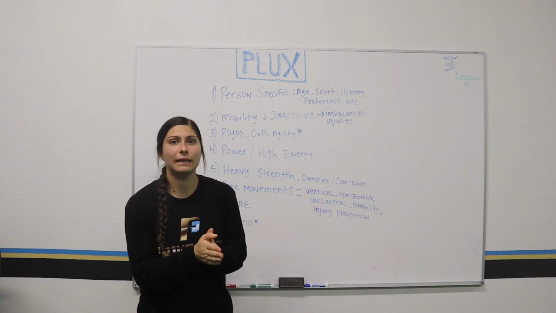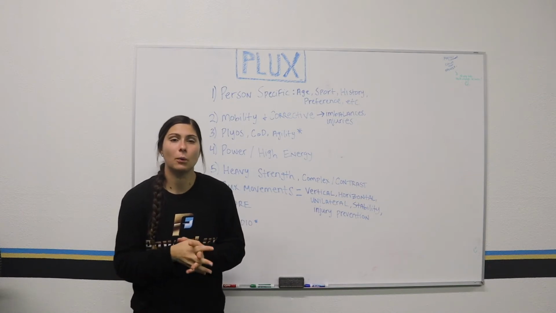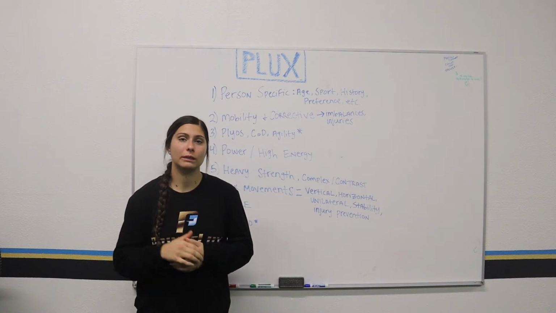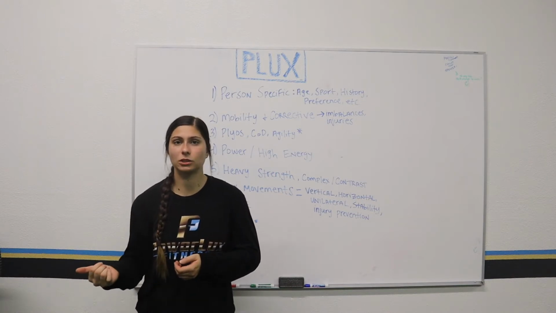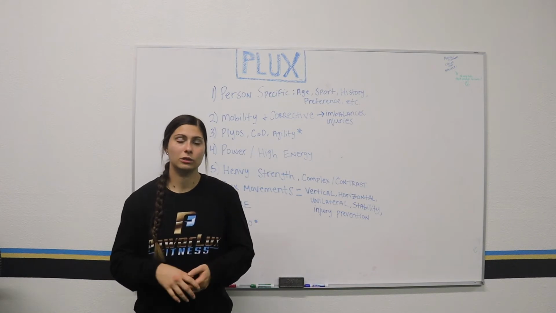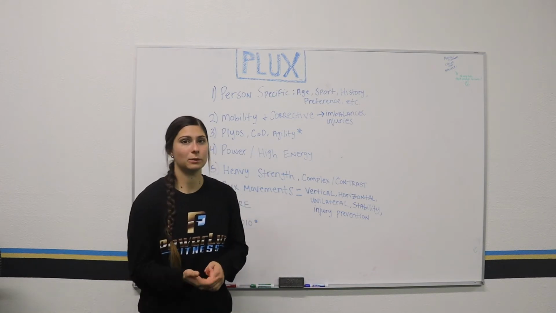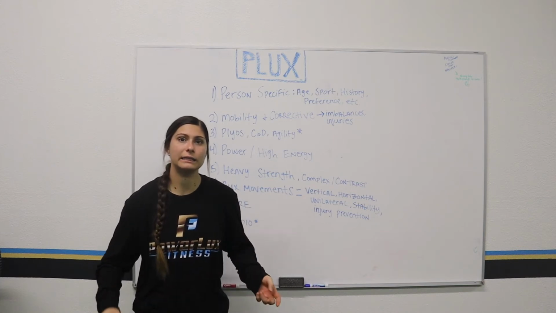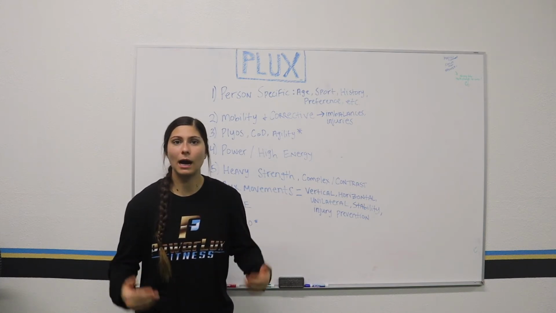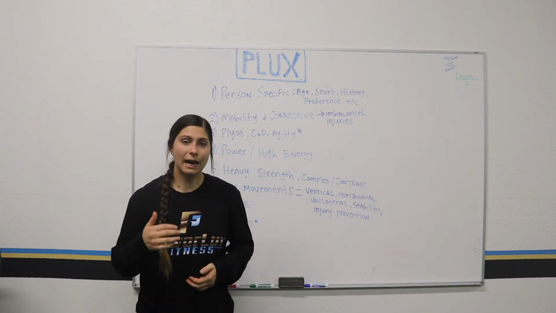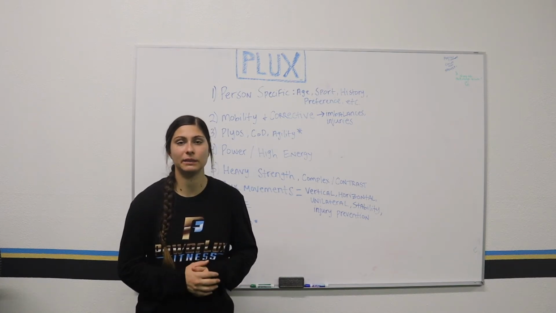After plyos and all that agility type of stuff, we're going to move on to power and high energy exercises. These are at the top before we get into heavy strength because they require the most energy and they're the most technical. This is going to be if I'm working on sprints with someone, trying to decrease their sprint time, if we're doing hang cleans, trap bar high pulls, anything that's explosive in nature that requires a high amount of central nervous system stimulation.